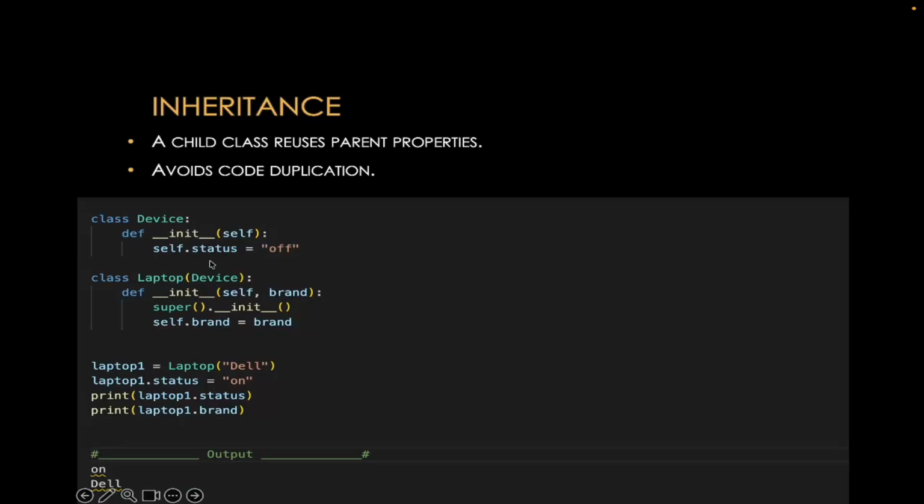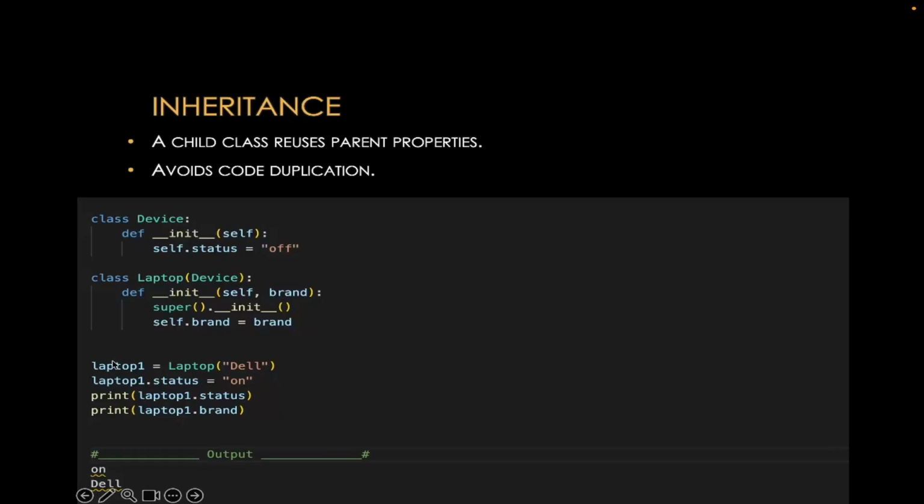If you see in the example, there is a device class which has a status variable, and there is a laptop. Laptop has the brand variable. So now laptop has two variables, although it defines only one variable, brand, since it is inheriting the device class, so all the variables of device class will also come to the laptop class.